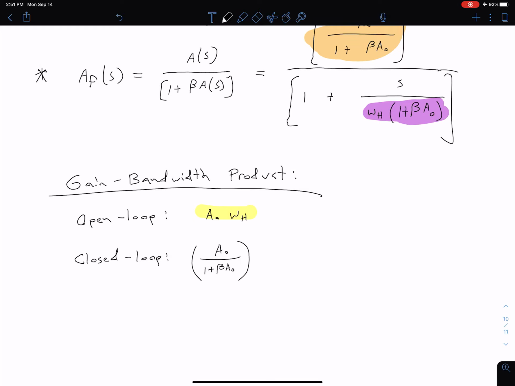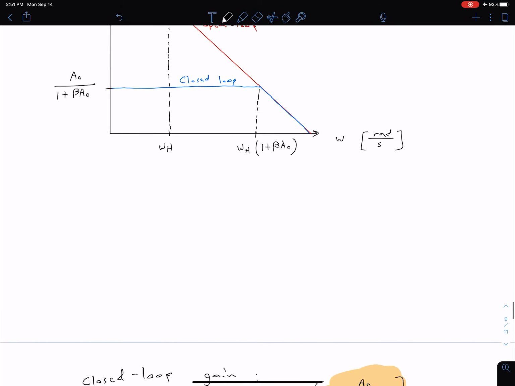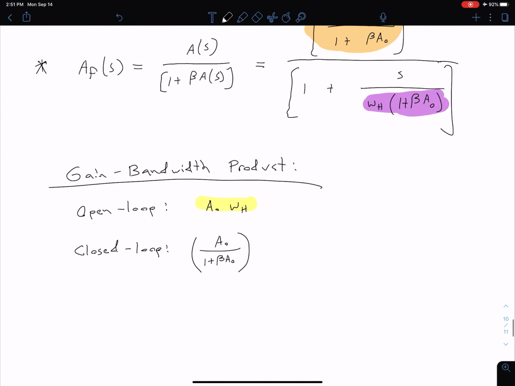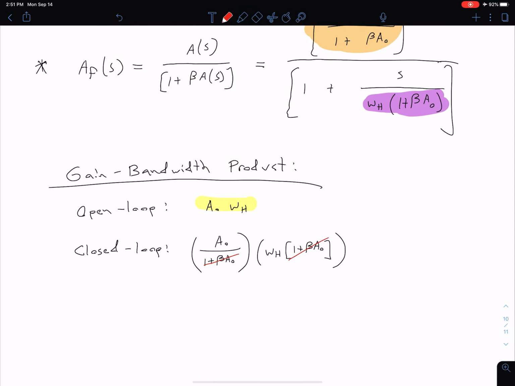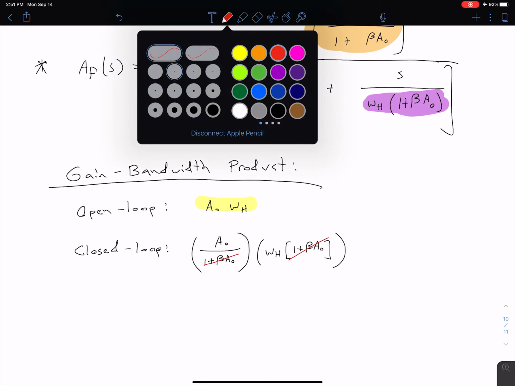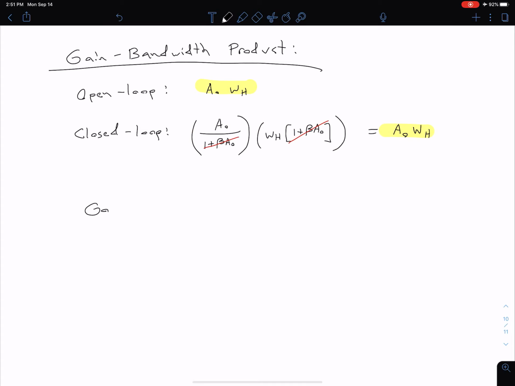And our bandwidth is now going to be omega h times the quantity 1 plus beta A naught. And so what we see here is this 1 plus beta A naught is going to be canceling out, and we're left with the exact same A naught omega h. And so what this tells us is that our gain bandwidth product should be constant for a given system.